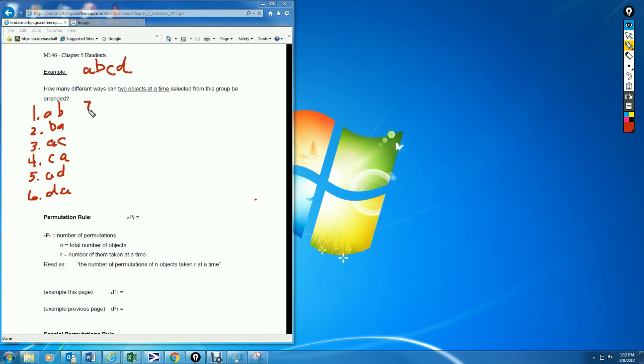So now let's start with B. Let's do B and C, swap the order, so I've got C with B. Let's do B with D, and then swap the order, so I've got D and B. So I've got everything with B now.